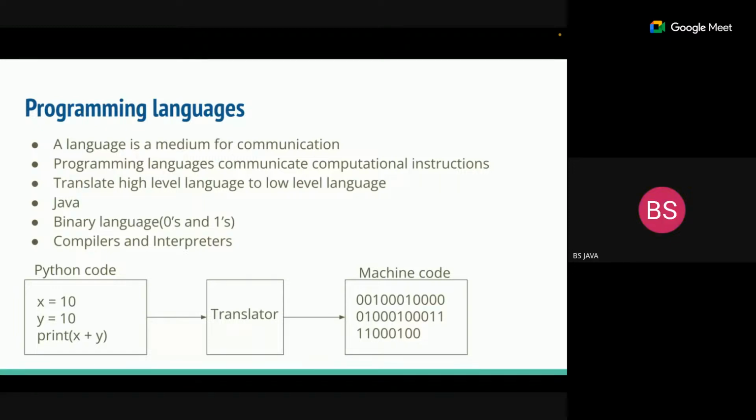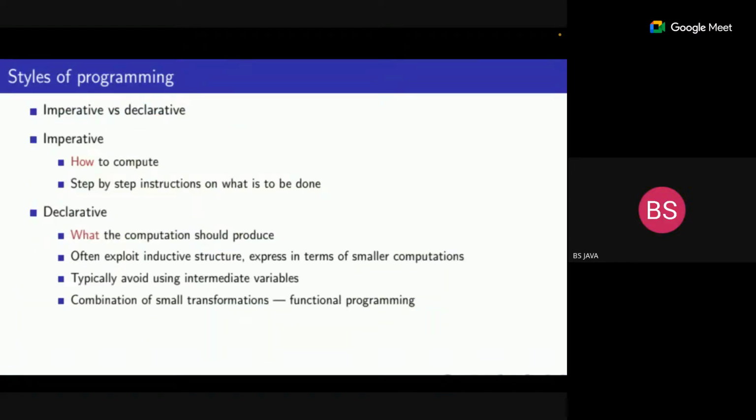Yeah. Now, there are different styles of programming. So we can say programming styles are how we can define a problem in some structure. Okay, so different styles. We have the imperative style of programming and also the declarative style of programming.